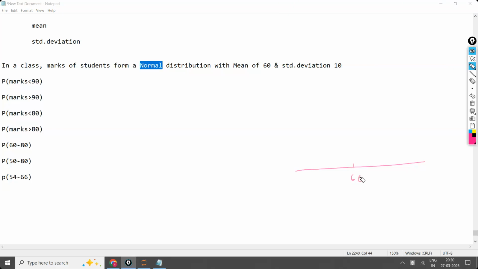What is 1 into sigma? 1 into 10, which is 10. 60 plus 10 is 70. Next, mu plus 2 sigma. What is 2 sigma? That is 2 into 10, that is 20. 60 plus 20, which is 80.